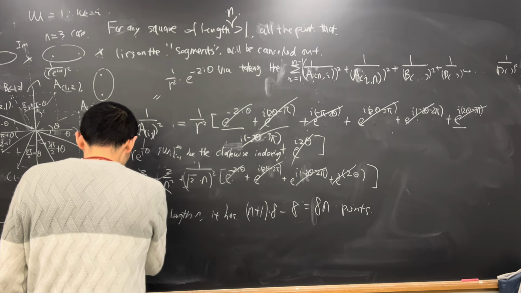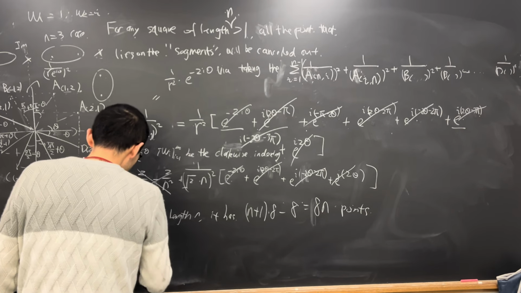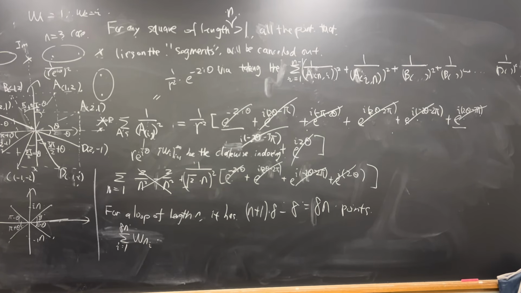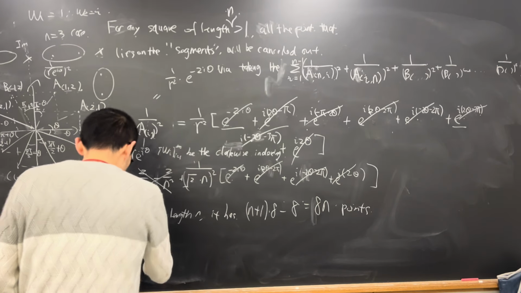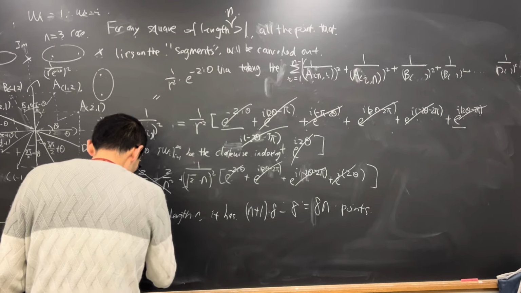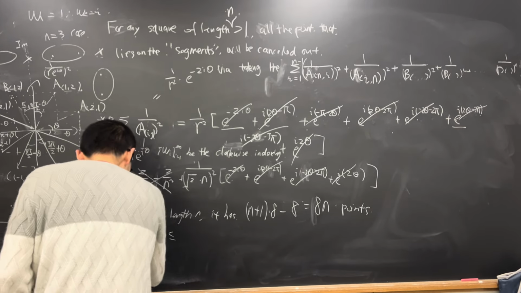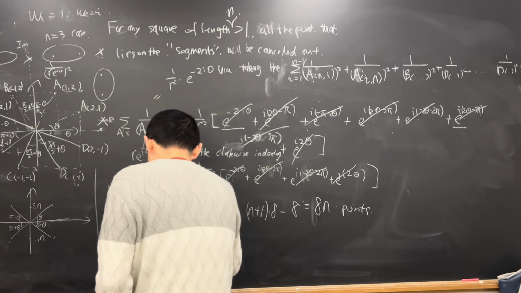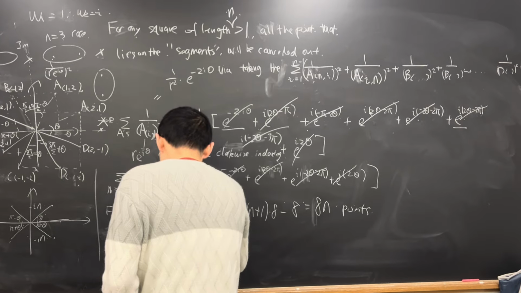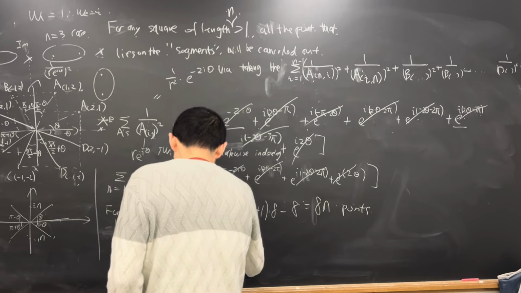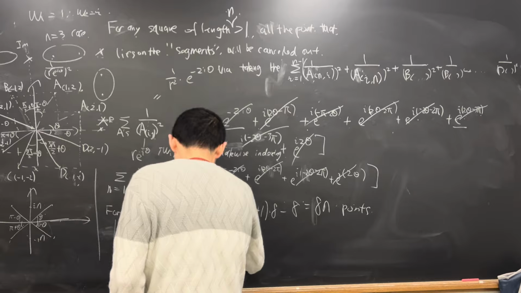And then this is equal to, okay, 1 over this one squared. The modulus of this sum is less than or equal to the sum of the moduli.